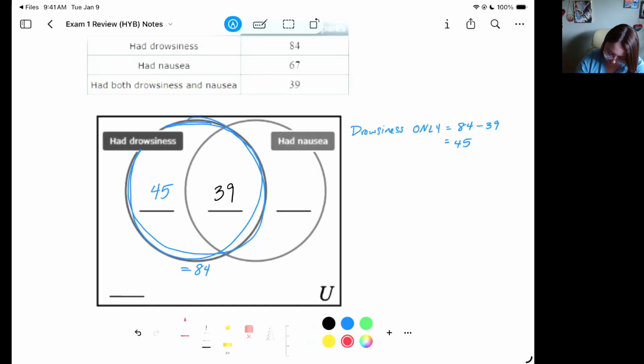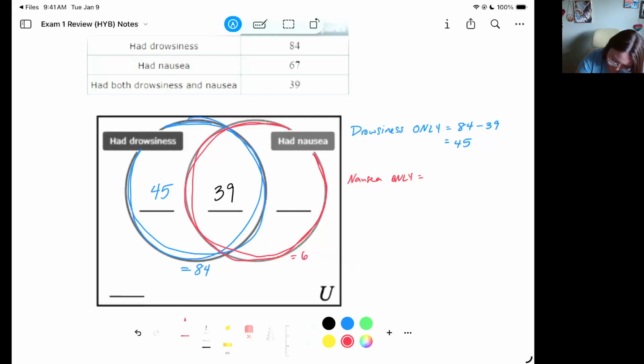So now we're going to do the same thing with nausea. So we're going to find nausea only. So we said 67 had or reported having nausea, and 39 of them, right, also had drowsiness.